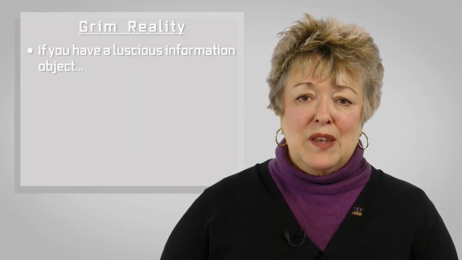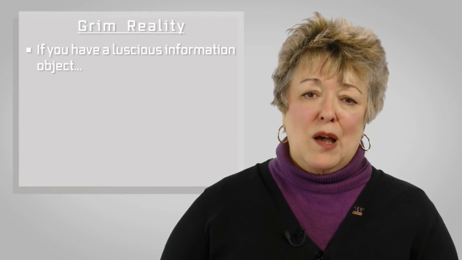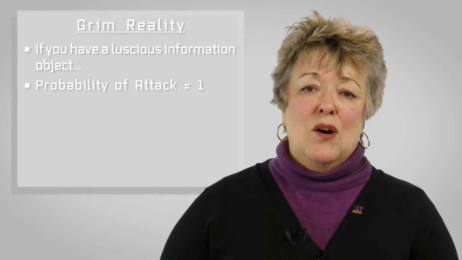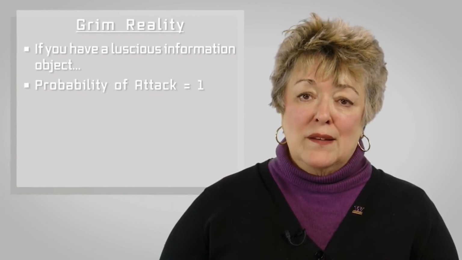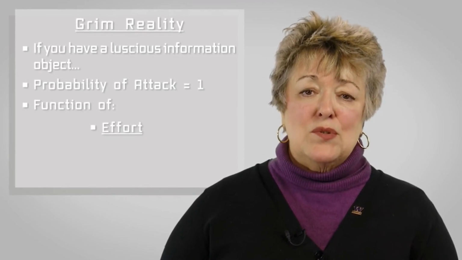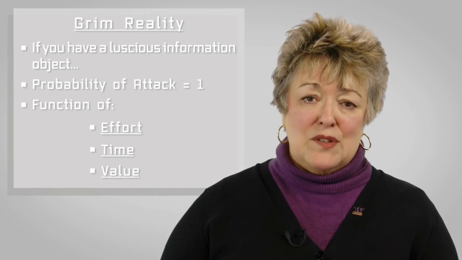Well, the grim reality is that if you have something that's desirable for an adversary, an information object, the probability of it being compromised or taken is 1. It's just simply a function of the adversary's resources and time and the value of that object to the adversary.